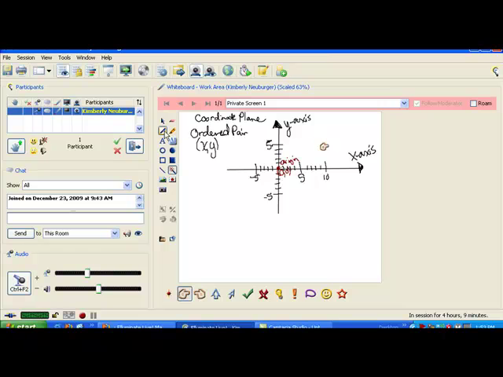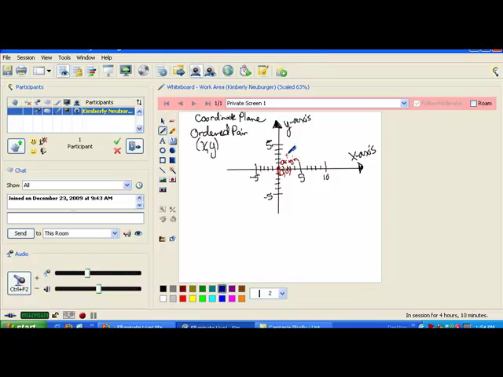The same thing happens on your coordinate plane, except rather than having numbers and letters, you have two numbers, an x and a y. So if you are told to find the point 2, 3, the 2 would be your x, so you'd find 2 on the x-axis, and the 3 would be your y, so you'd find 3 on the y-axis, and then you would go over until the two cross, and that's your location for where your point is going to land.